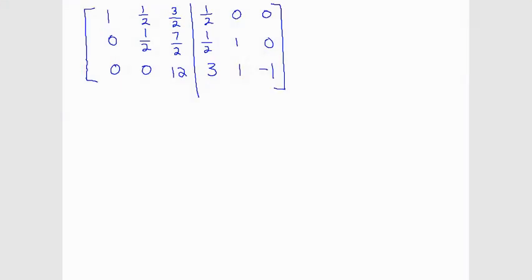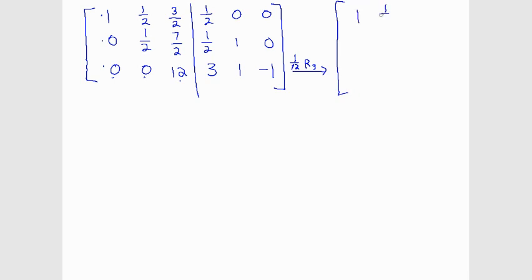Okay, so now that we've taken care of this, and this, I always like to work in this initial L. So I'm going to take care of this 12 next. And the only way to do that in an effective way without combining rows and changing either of these zeros is to multiply it by a scalar. So I'm going to take row 3 and multiply it by 1/12. Once again, rows 1 and 2 are not changing.